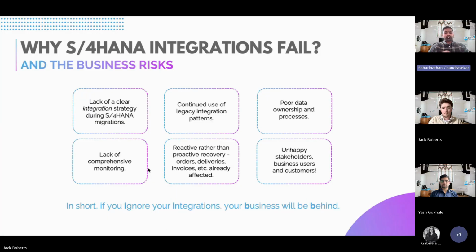So it's always better to have, say, custom headers in place, which can tell you whether the failed message is for a sales order or a delivery, so that decisions can be taken properly at the business level. And lack of monitoring overall would have a serious impact on the process, which would eventually lead to an unsatisfied end user or business process.